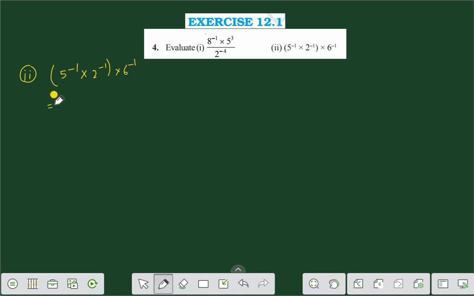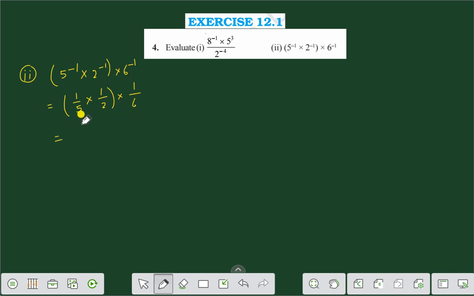That we are getting 5 to the minus 1 is 1 by 5, and 2 to the minus 1 is 1 by 2, into 6 to the minus 1 is 1 by 6.